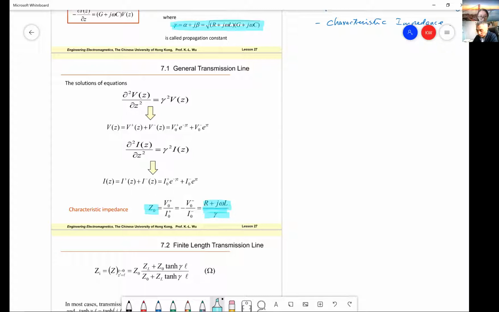So in the lossless case, you only need to remember the lossless case.